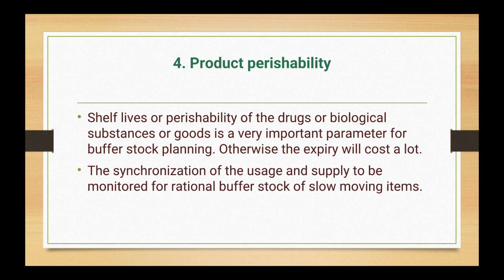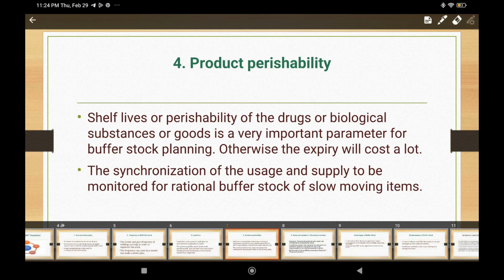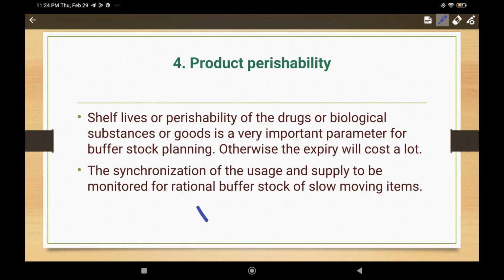The next stage is the synchronization of the usage and supply to be monitored for rational buffer stock of slow moving items. Now, few items are very slow moving. Suppose drug X is used by the physicians very little, but it is a very important drug and suddenly it may be required at any time. So though it is an essential drug, it is slow moving.